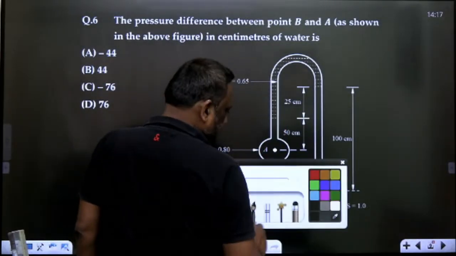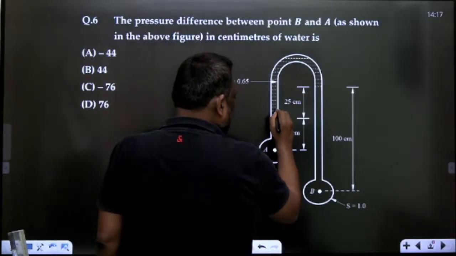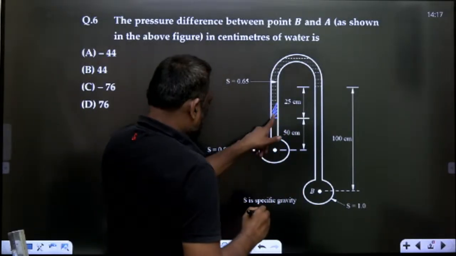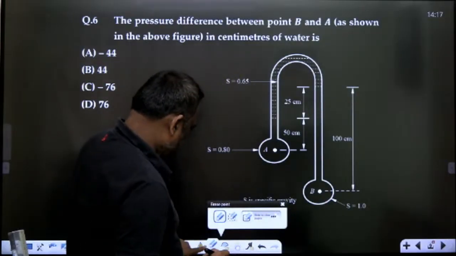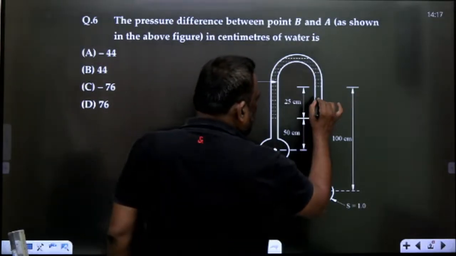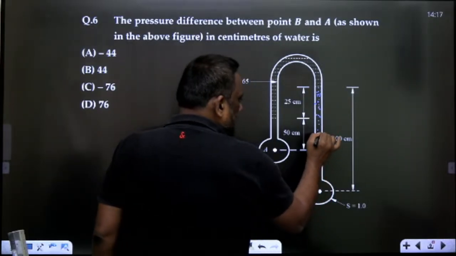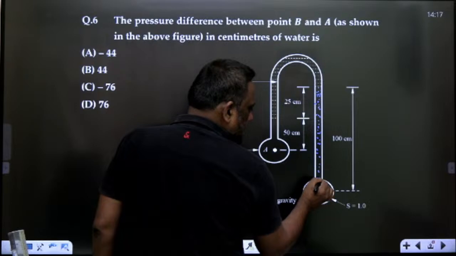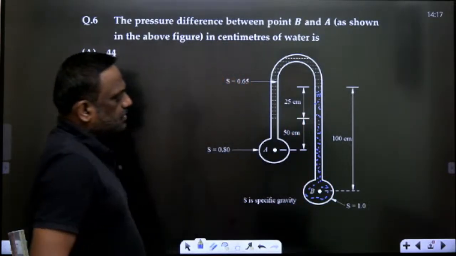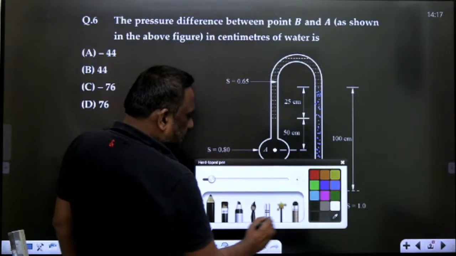No, no, we will change its color. We will bring the water here. This is water. No need to use a calculator. This is water. Specific gravity is 1. Whose specific gravity is 1?